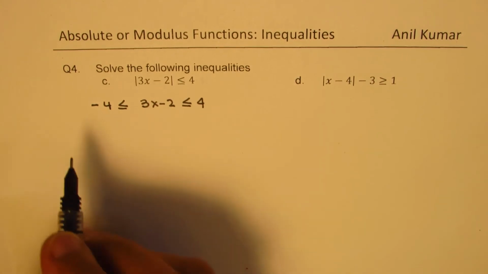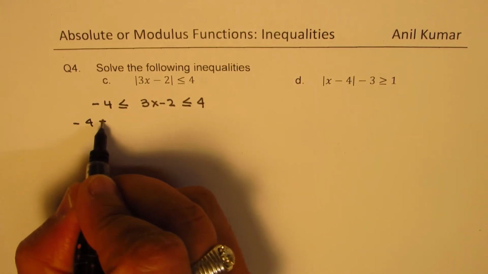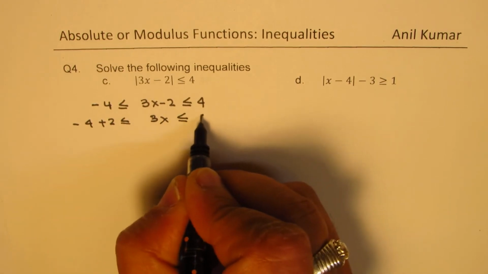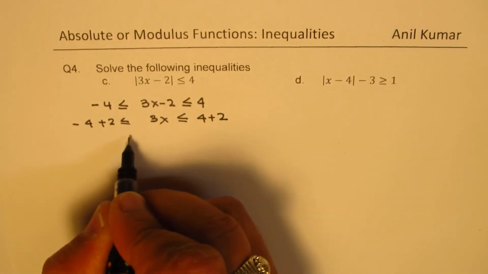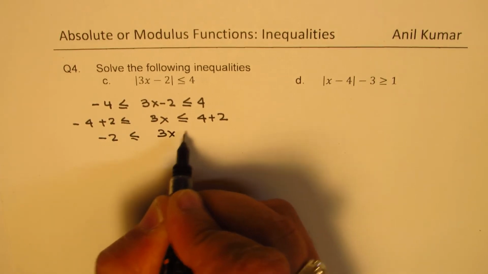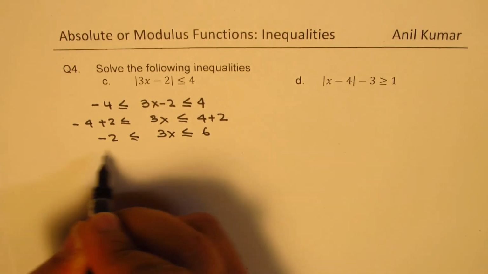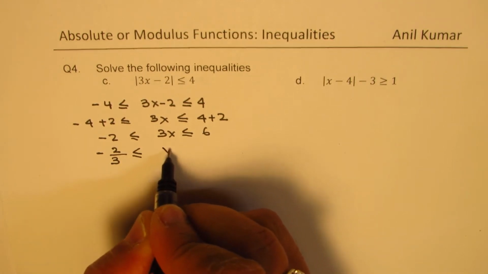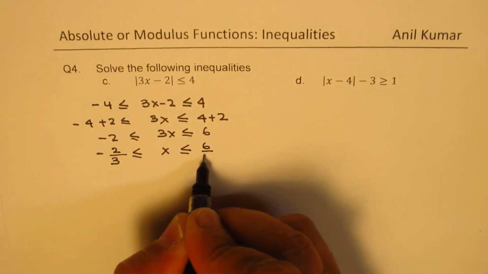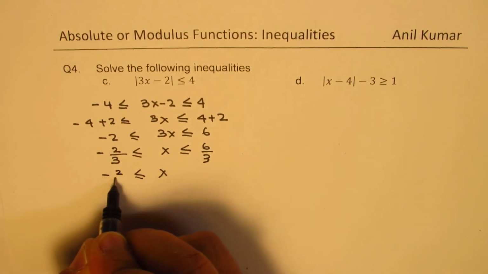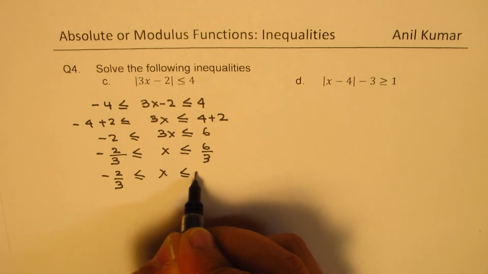Now we can add 2, so we get minus 4 plus 2, and this becomes 3x is less than or equal to 4 plus 2. That gives minus 2 and 6, and dividing by 3, we get minus 2 over 3 less than or equal to x less than or equal to 6 over 3, and so we get our solution, which is within minus 2 over 3 and 2.